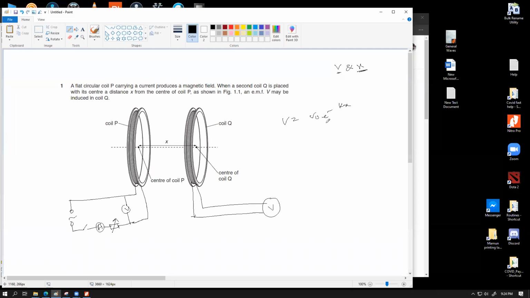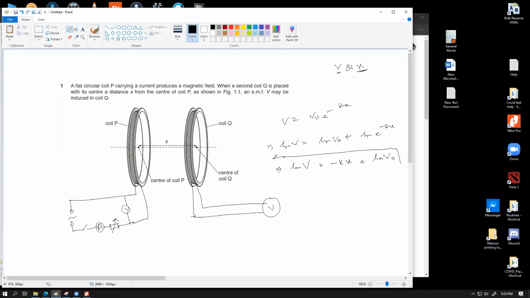Let's take ln on both sides. ln V equals ln V naught plus ln e to the power minus kx, which gives ln V equals minus kx ln e plus ln V naught. Here k simply comes in the front, and ln e equals 1. So it becomes ln V equals minus kx plus ln V naught. That's basically your final equation.